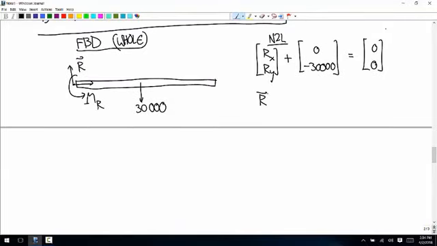So this force vector R is equal to 0, positive 30,000.